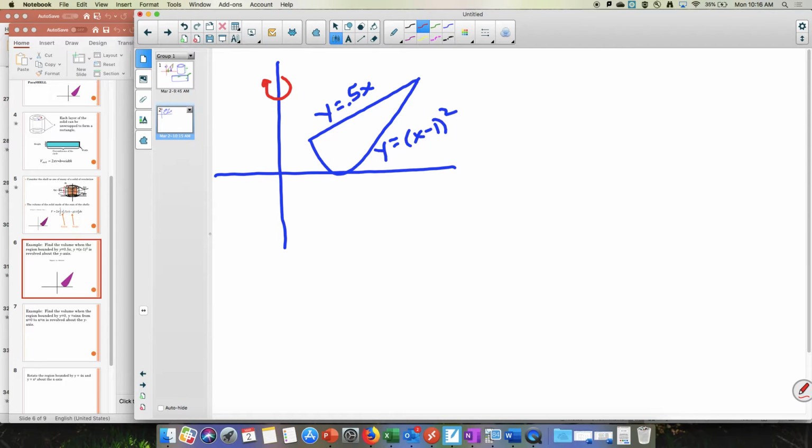Okay, so we're working on the shell method today. So all of my rectangles are going to be parallel to the axis of rotation. Parallel, shell, rowing.